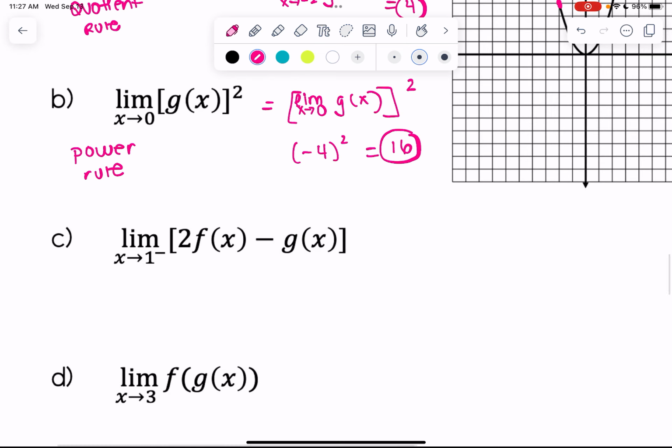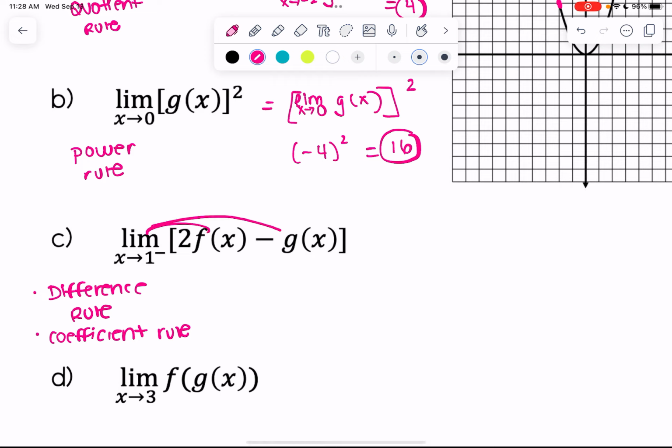All right, for C, I notice the subtraction symbol, so that tells me difference rule. But I also notice this coefficient of 2, so I'm going to be using the coefficient rule as well. So first I'm going to deal with the difference rule part, and I'm going to basically distribute that limit across using our rule from the previous page.